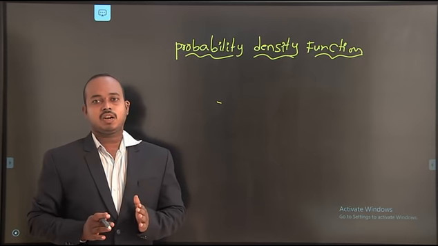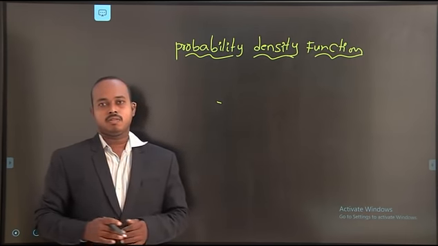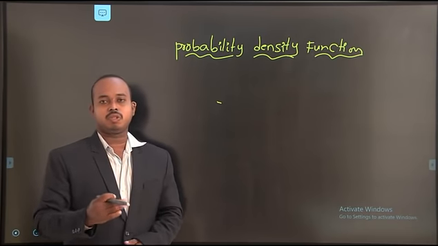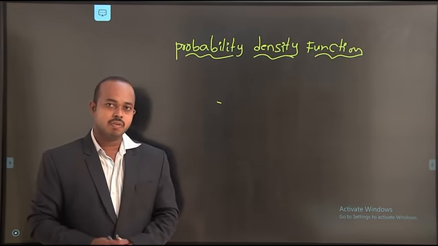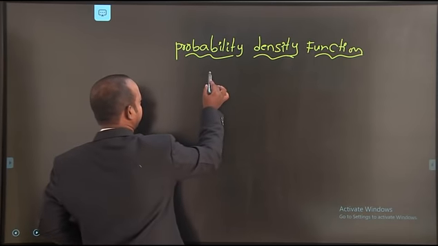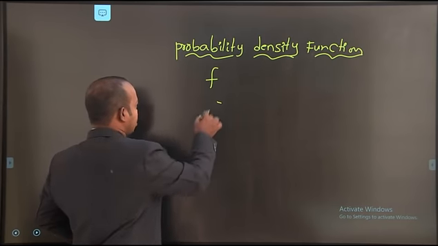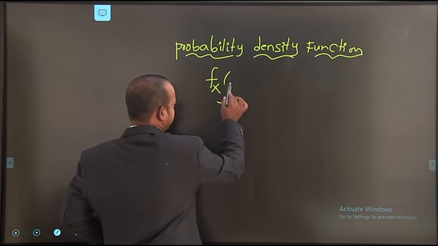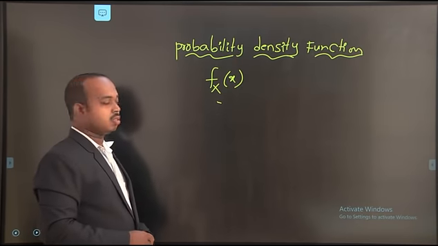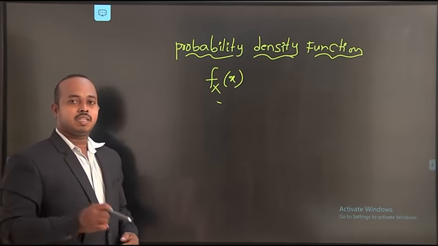The fundamental relation is that the density function is obtained by the derivative of the distribution function. First of all, the density function we define with the mathematical representation small f suffix capital X of small x. This is the mathematical representation for the probability density function.